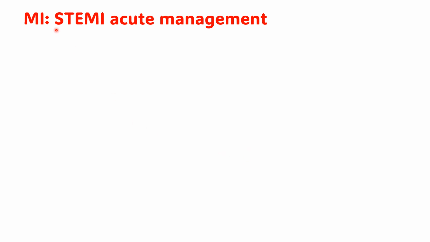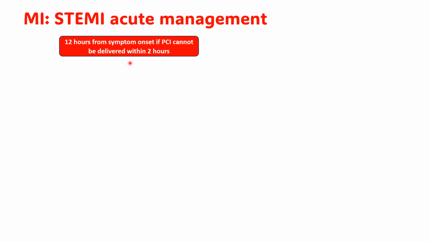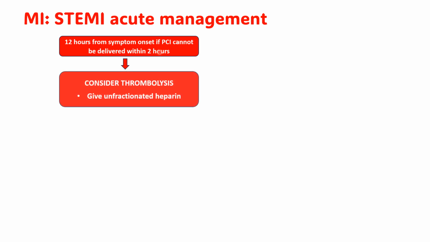So let's talk about the acute management of a STEMI. So if they're within 12 hours from the symptom onset and PCI cannot be delivered within 2 hours, consider thrombolysis, the clot busting method.